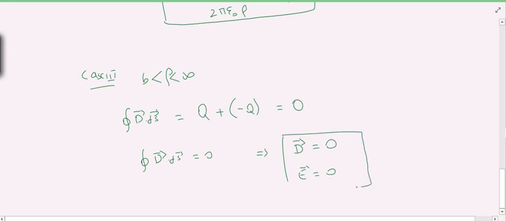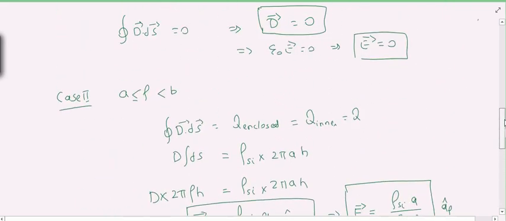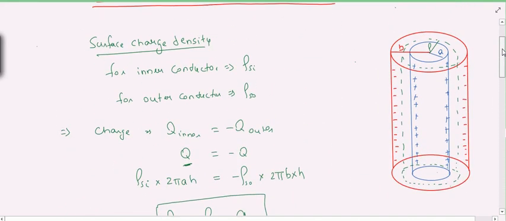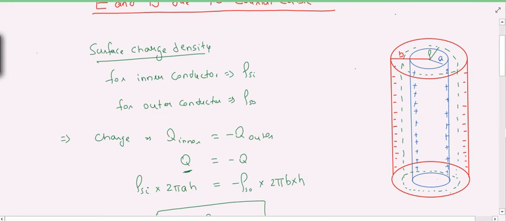So you can see that the electric field intensity or the displacement flux density for a coaxial cable is just present inside this region, which is in between both these conductors.